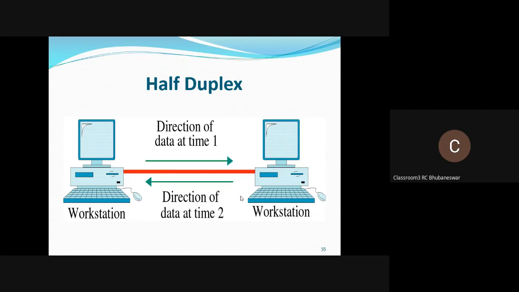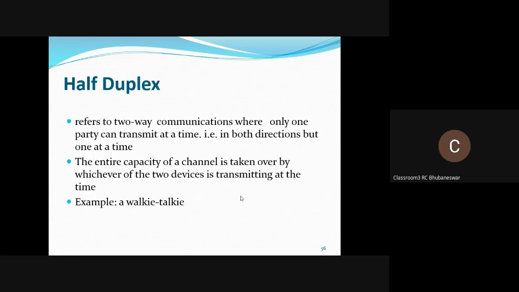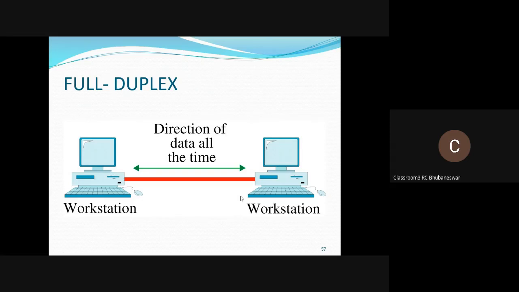Over means I am done now, you have to transmit now. The police also sometimes use the walkie-talkie in the car. So this is half duplex. At the time T1 someone is transmitting, at the time T2 another one is transmitting. And there is another one, full duplex.